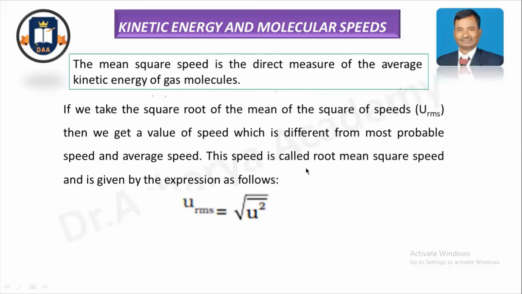This speed is called the root mean square speed, and mathematically u_rms is equal to the square root of the mean square speed. That's why it is called the root of mean square speed.